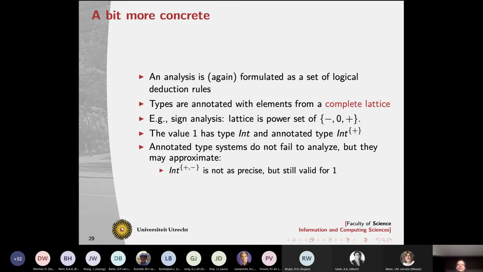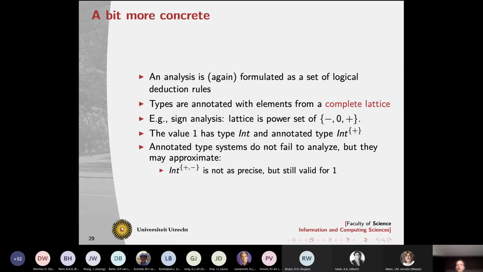But for example, if you look at the sign analysis, we want to distinguish between variables of type integer that are always negative or always 0, or maybe that are always 0 or positive, and so on. We can typically use that kind of information to generate better code.